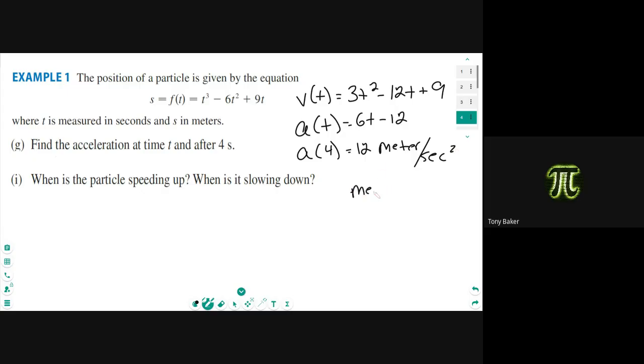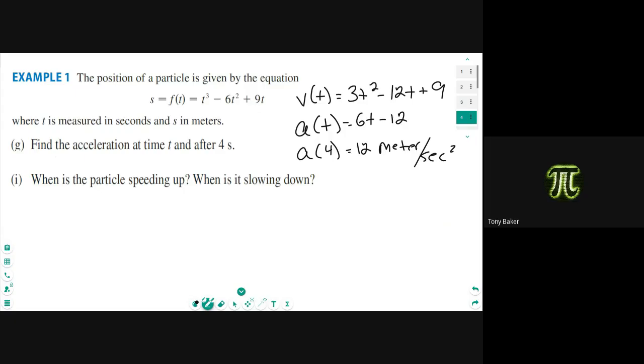Because it's actually meters per second, per second. So meters per second squared. Or miles per hour squared, depending on who you want to look at, depending on what you're doing.